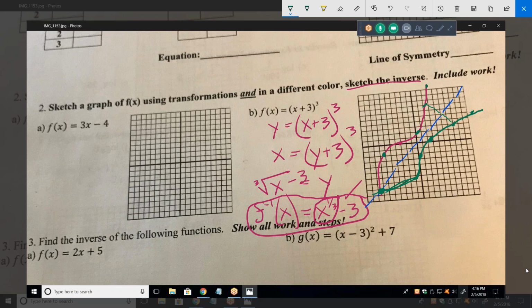In other words, if I were to graph just x to the 1/3, it would look something like this. It goes right through the origin. So that's x to the 1/3. And what we're looking at is this graph shifted down by 3 units, which is exactly what it should be.